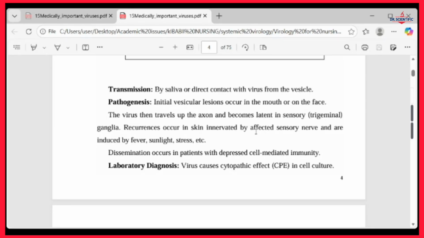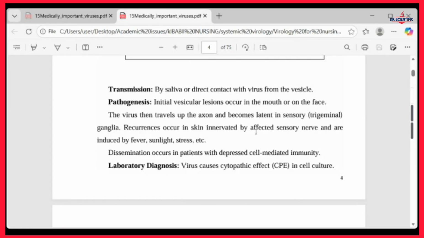But after some time, it can disengage from the cells and cause what we call recurrence in the skin, where the sensory nerves are induced or triggered. By so doing, they release these viruses, and we start experiencing signs like fever, sunlight effect, stress, and all that.